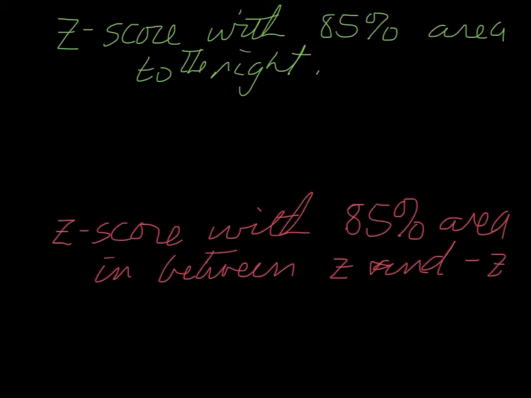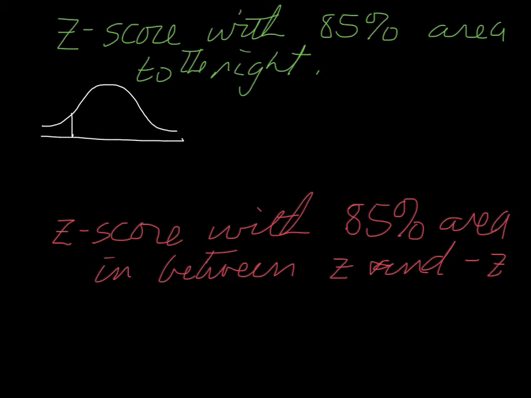So here are two quick problems that we would like to do. And the first one you can see is find the z-score with 85% of the area to the right. And the second one is the z-score with 85% of the area between z and negative z. So what I always do is I draw a picture.